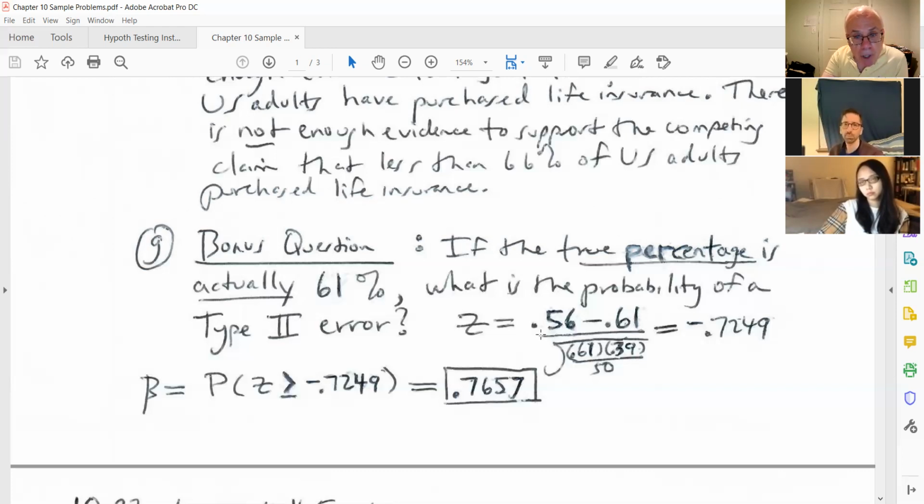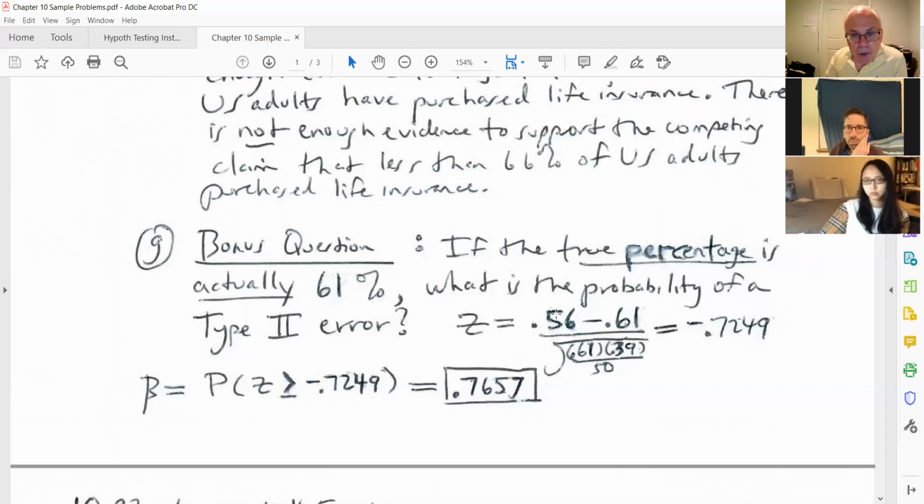Now, remember, a type 2 error is we do not reject the null hypothesis. We do not reject it, right? When it's known to be false. Well, 0.61 is, right? Null hypothesis is false here, right? It was originally 0.66 and now it's 0.61. It's false.